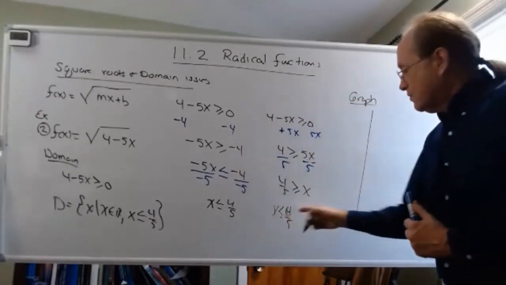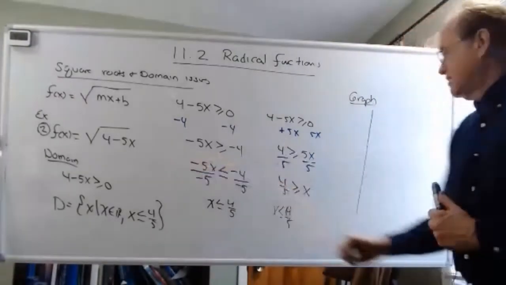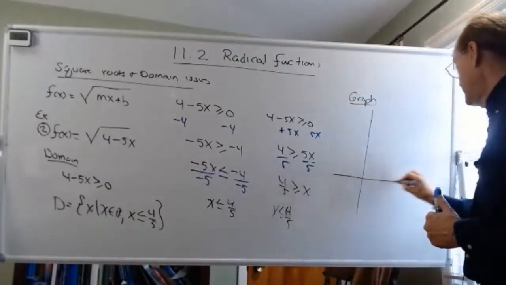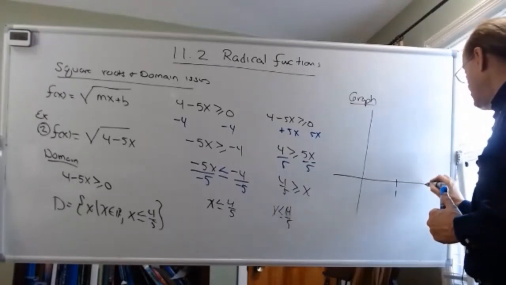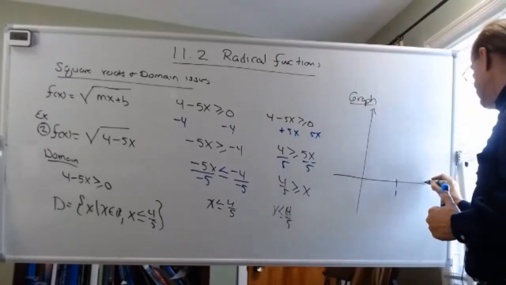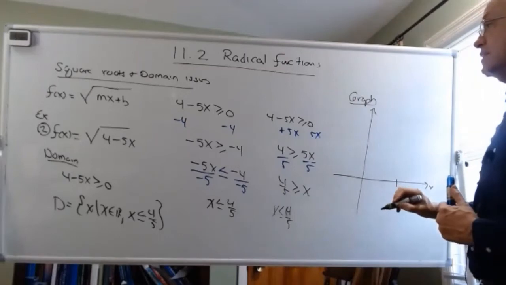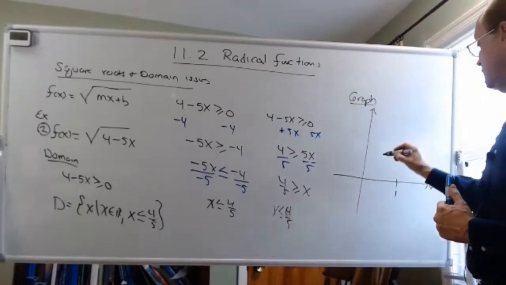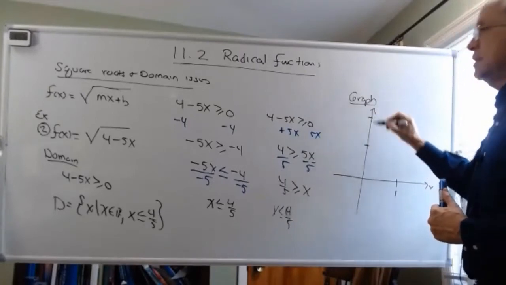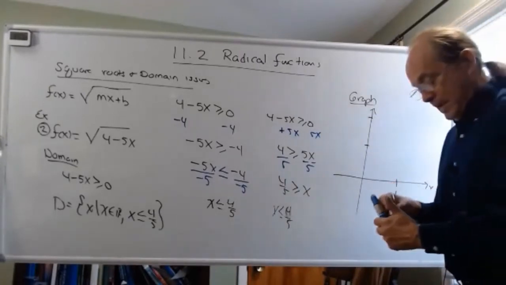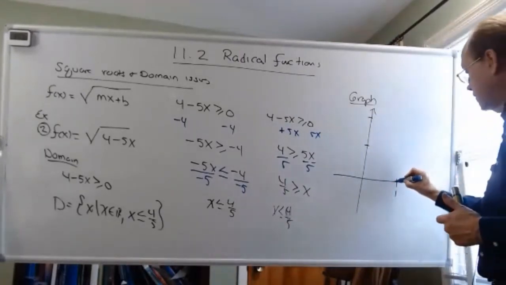Now, notice it's going to the left. So let's put here's 0, and here's 1, and here's 2 out here. And if I take this sort of thing, the picture is going to look like this.